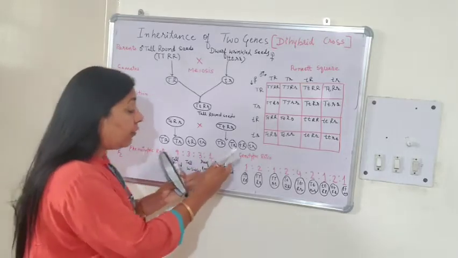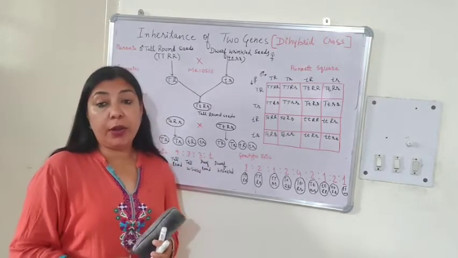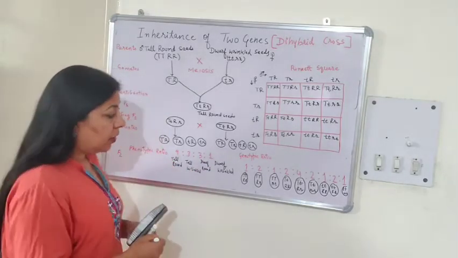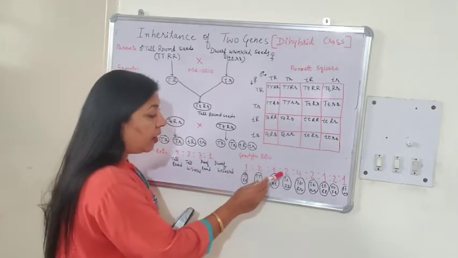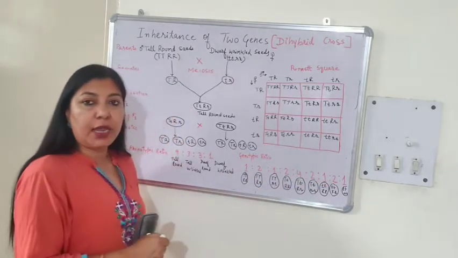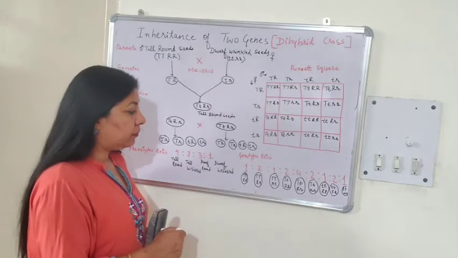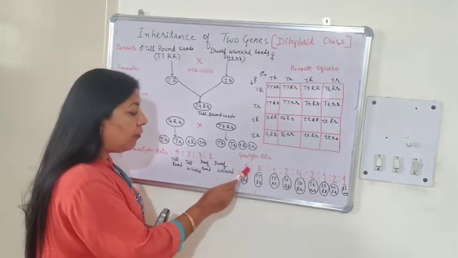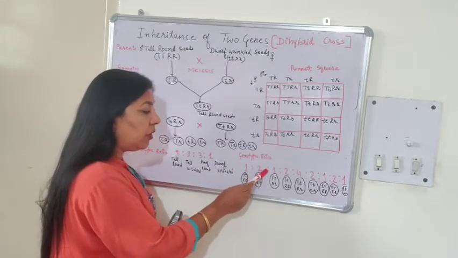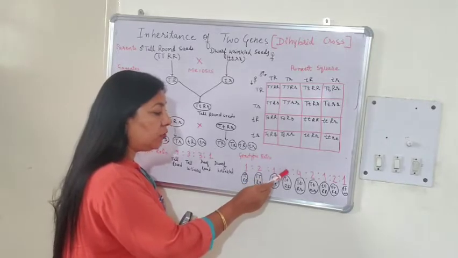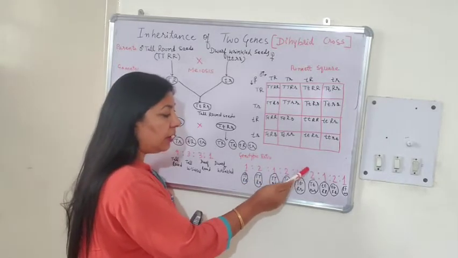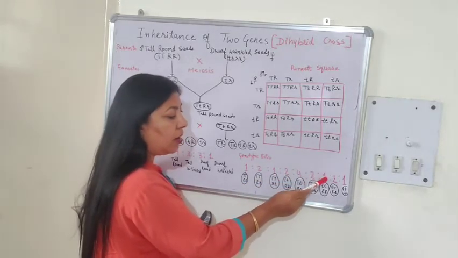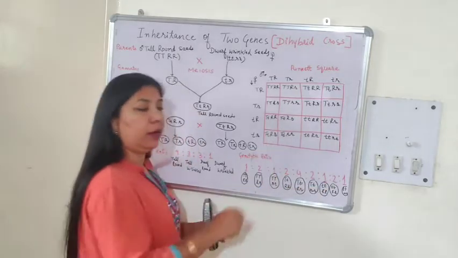Now if you see the genotypic ratio, it becomes very complex. You can see 9 combinations can be formed. It will be 1 is to 2 is to 1 is to 2 is to 4 is to 2 is to 1 is to 2 is to 1.